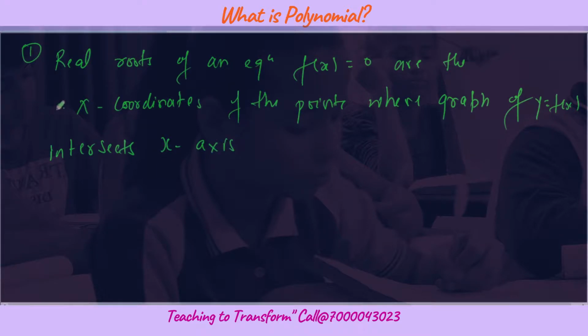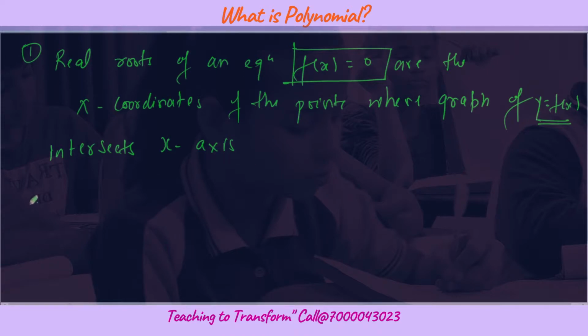I'm repeating, the real roots of an equation f of x is equal to 0 are the x coordinates of the points where the graph of y is equal to f of x intersects the x-axis.